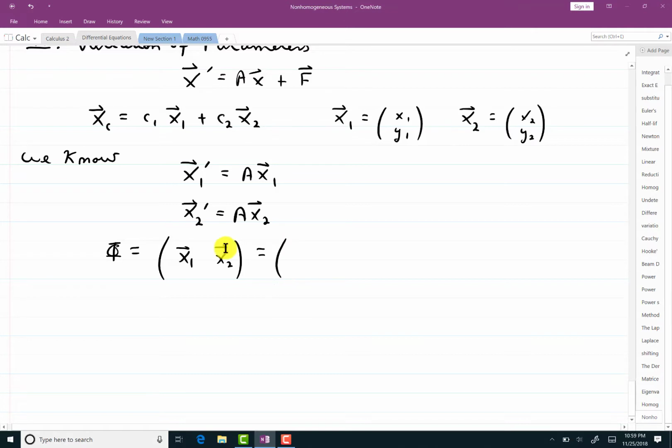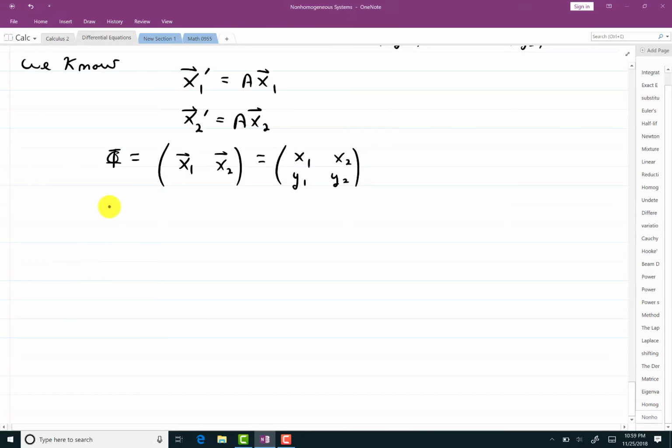And this, of course, if I replace x1 with its values, forms a 2×2 matrix. And then when I use the notation phi prime, that simply means take the derivative of every entry in the matrix.